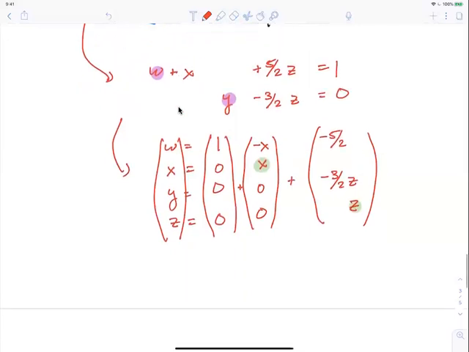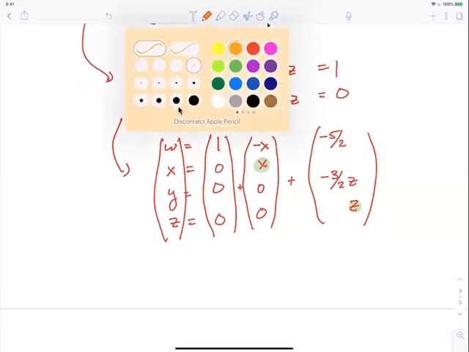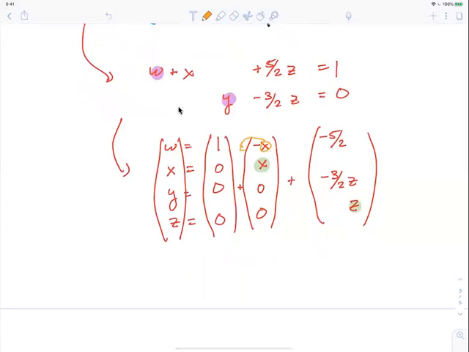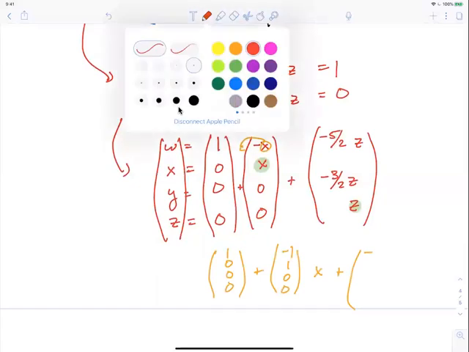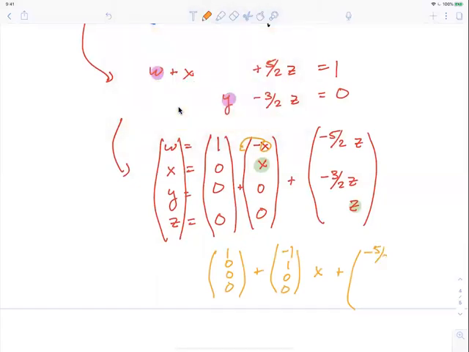And to put this in vector form, we're just going to factor out the X here. And we'll end up with 1, 0, 0, 0 plus minus 1, 1, 0, 0 times X plus minus 5/2, 0, minus 3/2, 1 times Z. And so this should look very familiar.